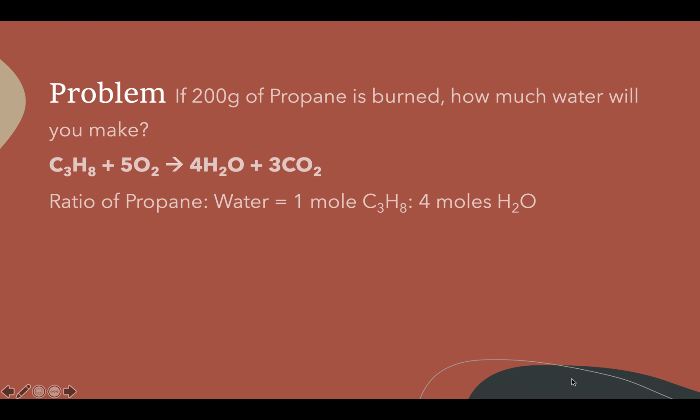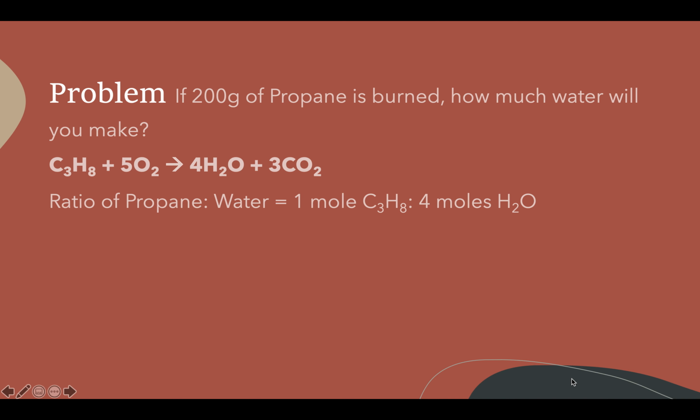So rather than say if you have 1 mole, it's better to think of for every mole of propane that you use, you will need 5 moles of oxygen, you will get 4 moles of water, etc. If you have more propane, then the amount of oxygen you need and the amount of water you'll make will go up. If you have less propane, it will go down. But no matter what happens, the ratio will stay the same, at least in terms of the number of moles.